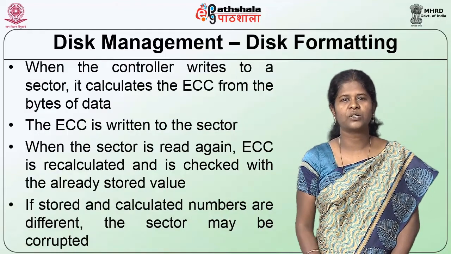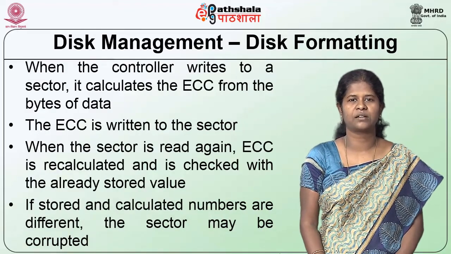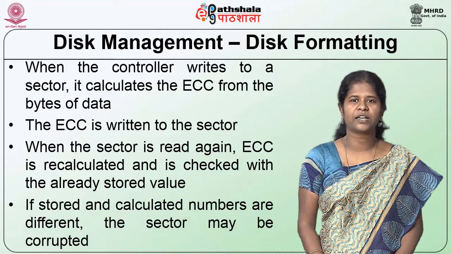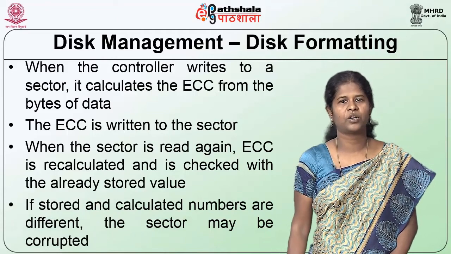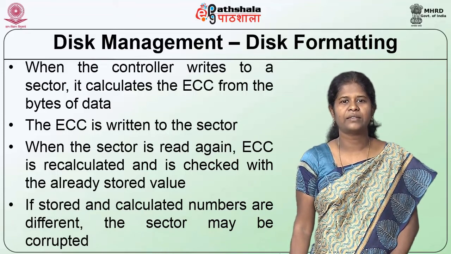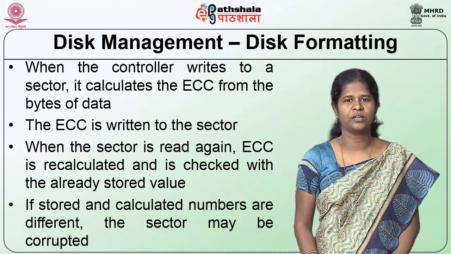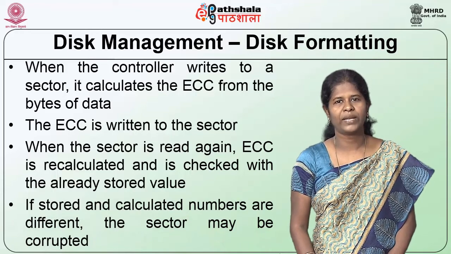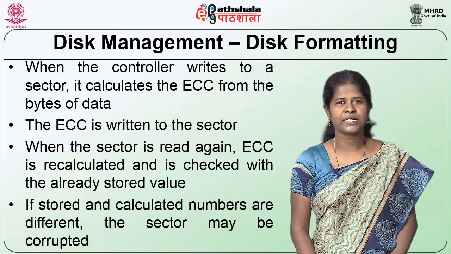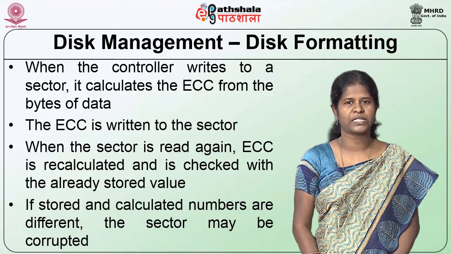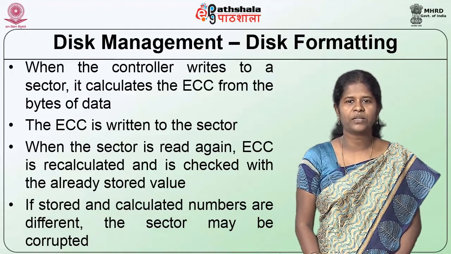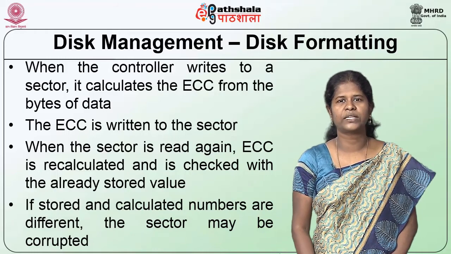Whenever the controller is writing information into a sector, it will calculate this error correcting code from the bytes of data in the data region, and the ECC is written into the sector. When it is read again, the ECC is calculated on the data region of that sector, and it is compared with the value already stored in the trailer.